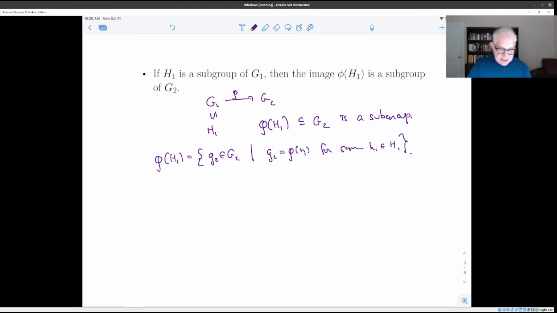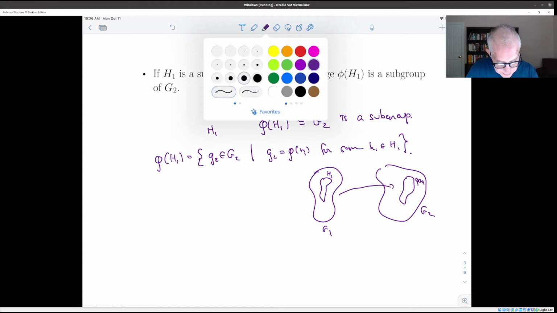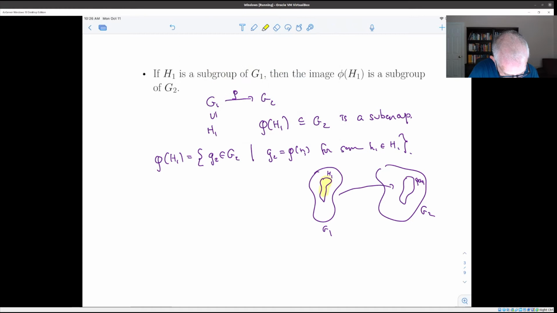If you want another picture, here's G2, here's G1, here's H1, here's this map, here's phi of H1. It's the things that get hit by H1 under this map.